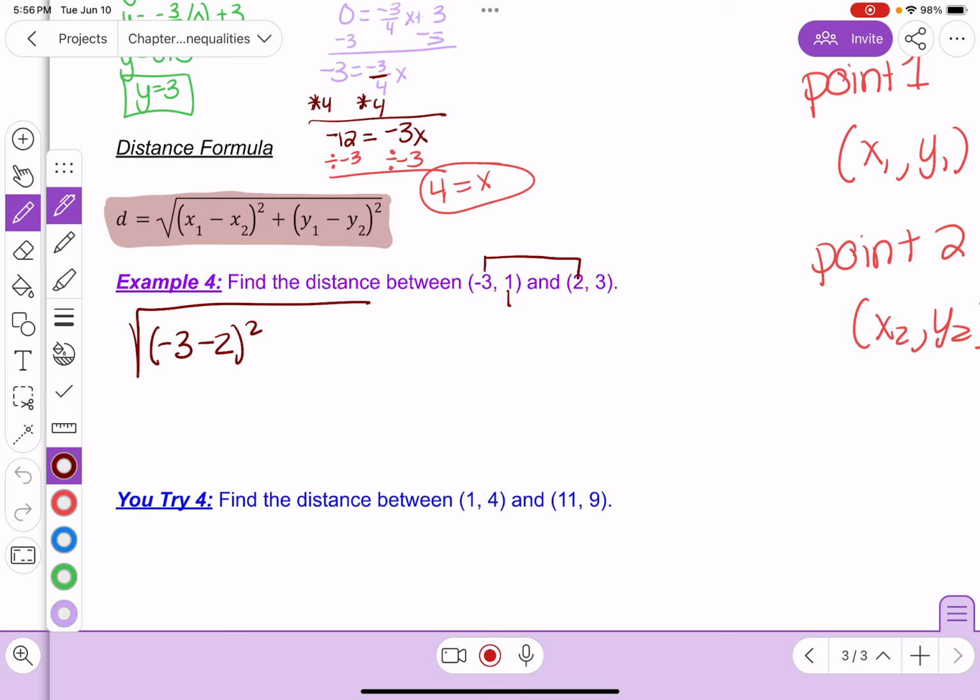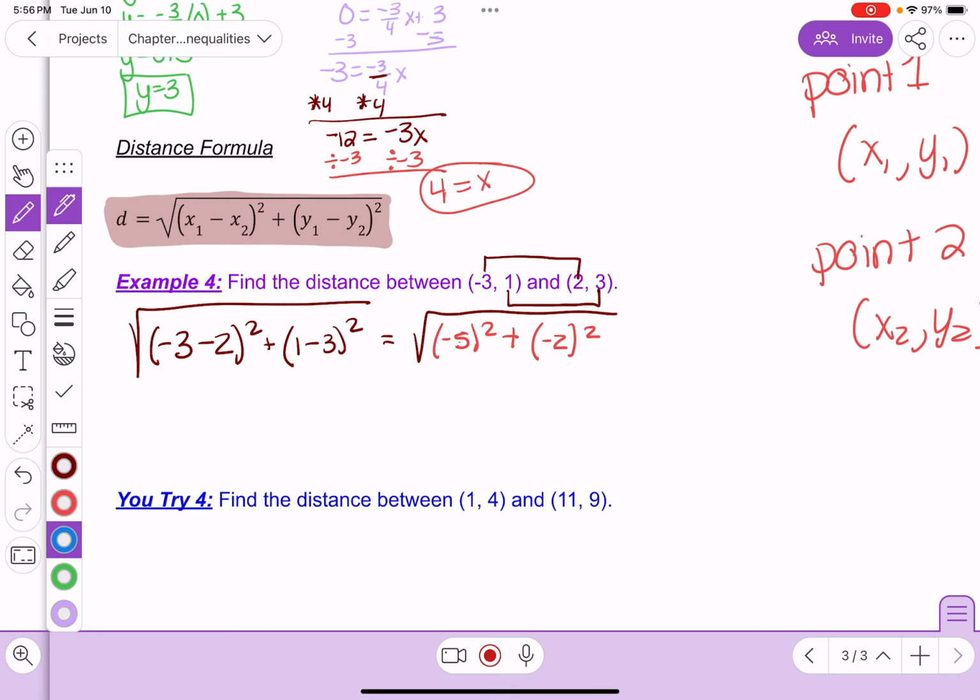Then plus y1 minus y2 squared. Now we'll do that math. So big square root again. Negative 3 minus 2 is negative 5. And 1 minus 3 is negative 2.